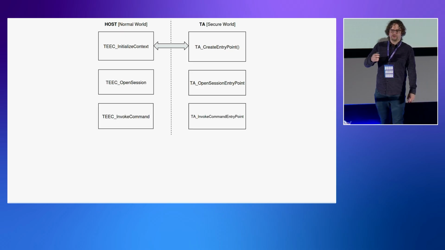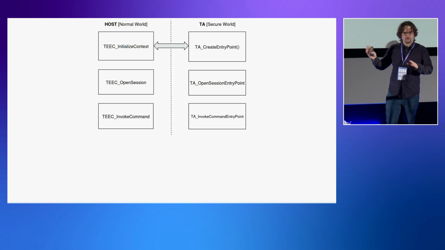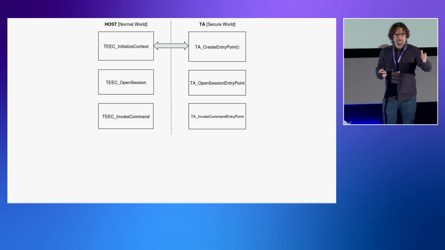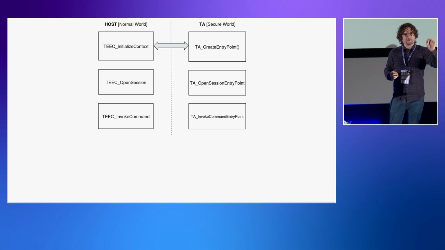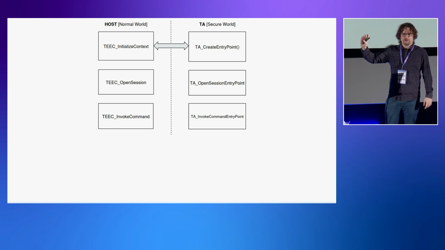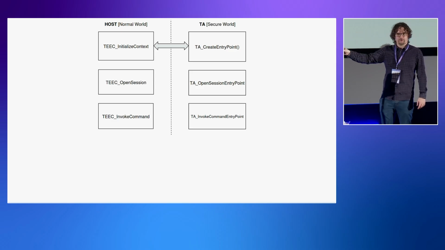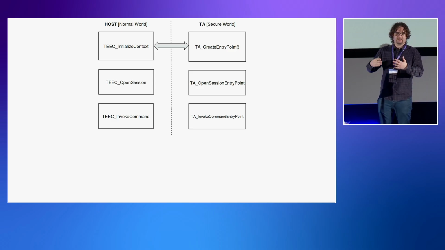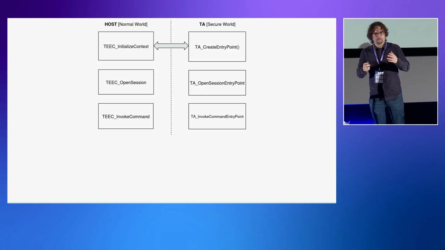And this is the core of our application. When we want the TA to do some real work, we have to call invoke command. And we are sending the command together with the memory buffer to the TA. And on the TA side, the function invoke command entry point is being run. Our request is handled, and this is the function where the real work starts.